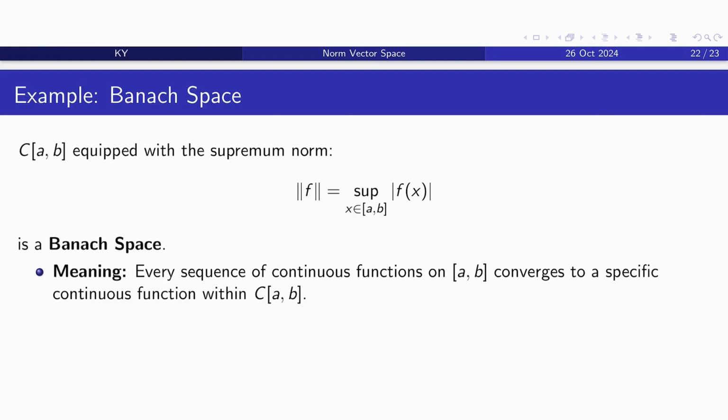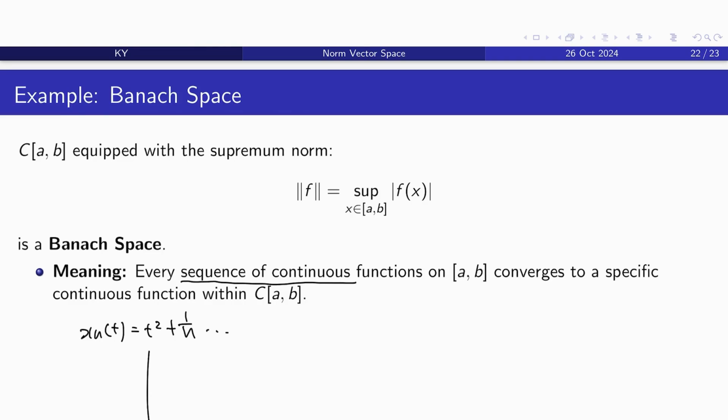As an example, let's not take every sequence, but just one sequence of continuous functions. You can define this to be a sequence of continuous functions, and you can also think of it as a Cauchy sequence of parabolas.